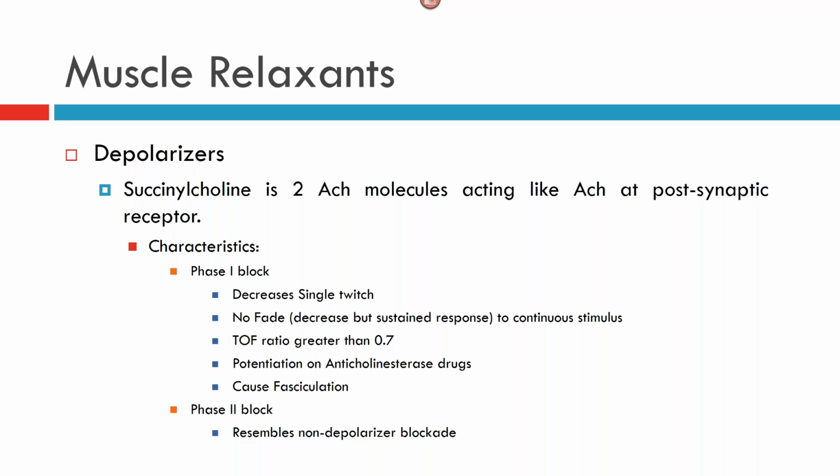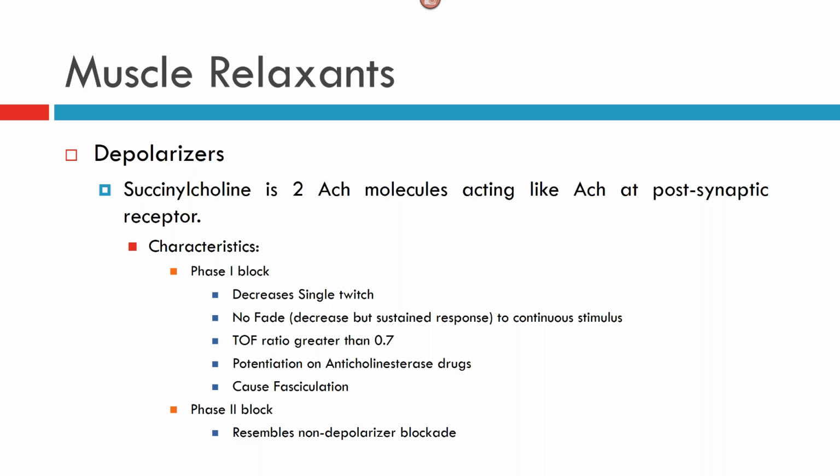The phase 1 block decreases the single twitch. Every time you stimulate, it decreases the amplitude of the twitch. There's no fade. So if you're stimulating multiple single twitches, there's no fade with a depolarizer. You can look at the train of four response and tell if the patient is using a depolarizer or non-depolarizer muscle relaxant, because the depolarizer will have no fade compared to the non-depolarizer.